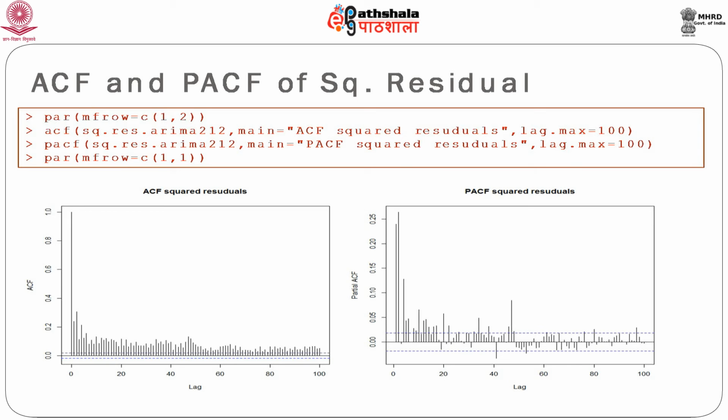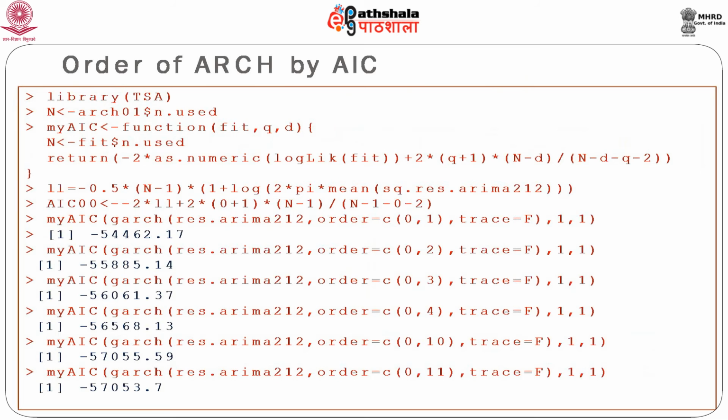First, we have to choose the appropriate order for the ARCH model based on the AIC, because the plots give some indication, but it is not clear what the exact order of the ARCH model would be. That can be done only through AIC. So for that, I developed a very simple function here, myAIC, where the fit, p, q and d can be provided, and that function will calculate the AIC.